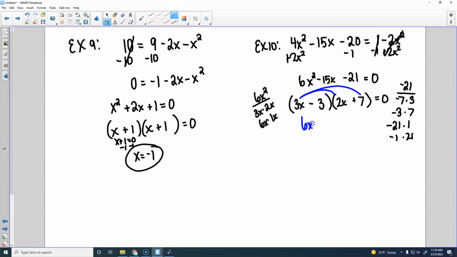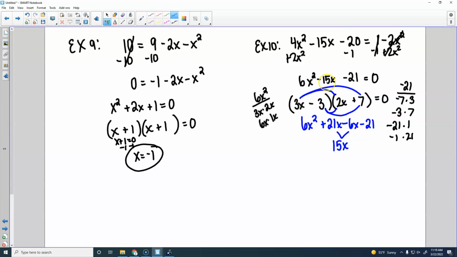So 6x squared plus 21x minus 6x minus 21. Okay, what does that give us? We got that 21x and the minus 6x. Gives us positive 15x.